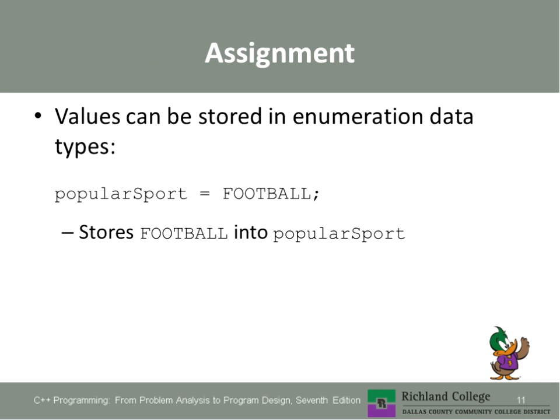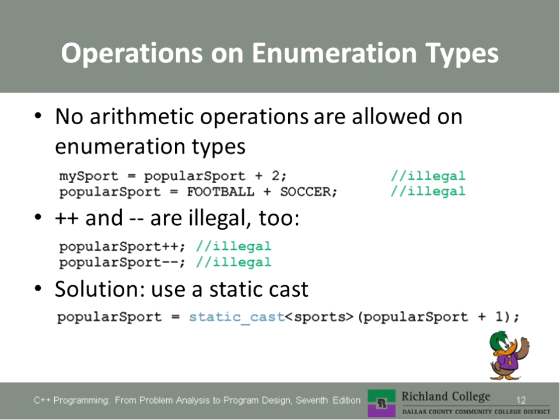Okay. So how do we assign values? We declare them just like any other data type, and now we have an identifier, and that identifier we can assign a value, and that value has to come from the list of values defined in the enumeration type.